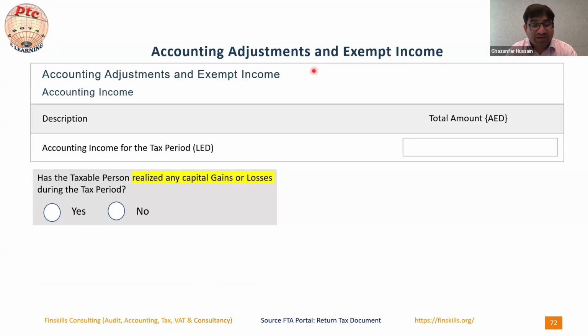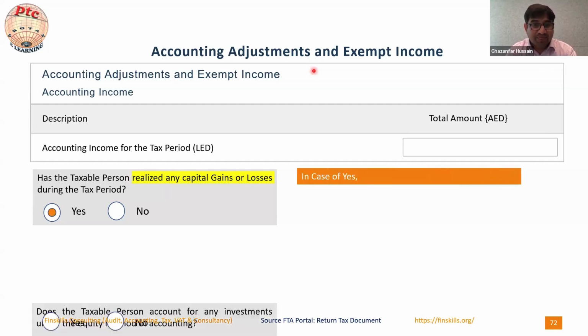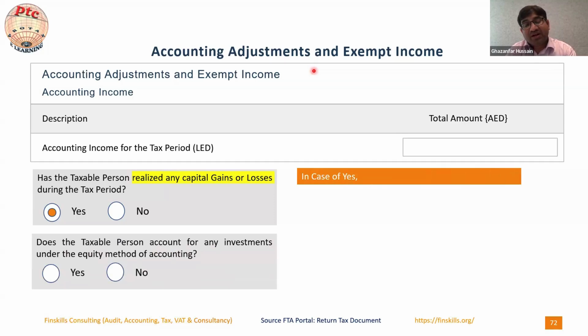First, we have to prepare our mind: what are the key areas or topics, and where they will be integrated or linked. First we saw realized capital gains and losses. One important point: currently we don't have any separate capital gains tax in the UAE. It falls under corporate tax.